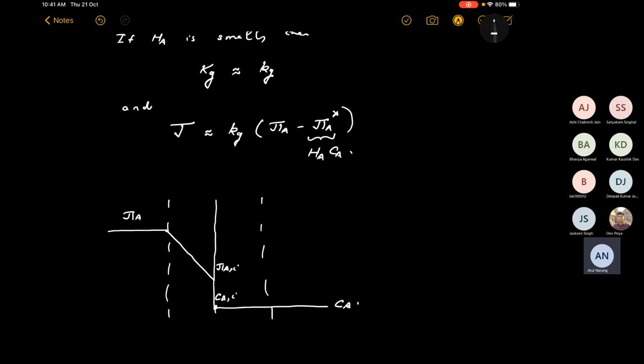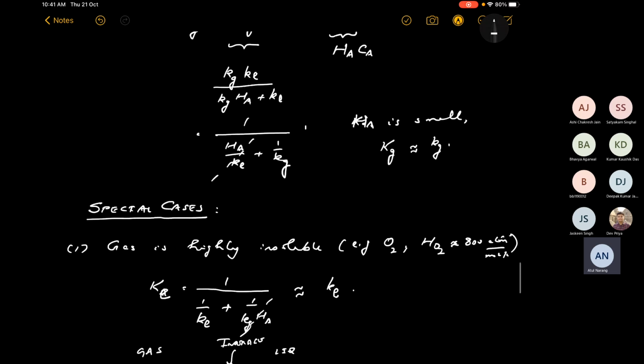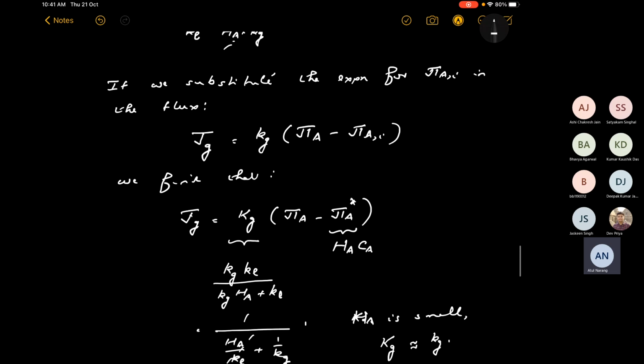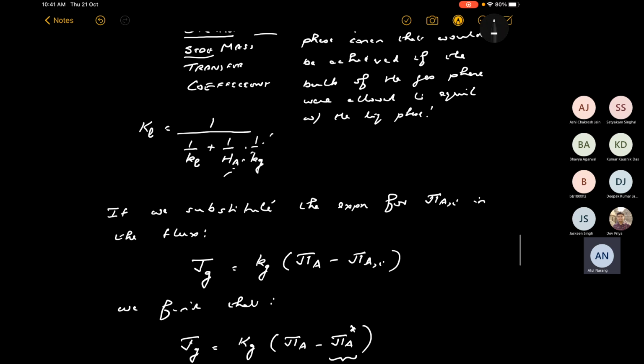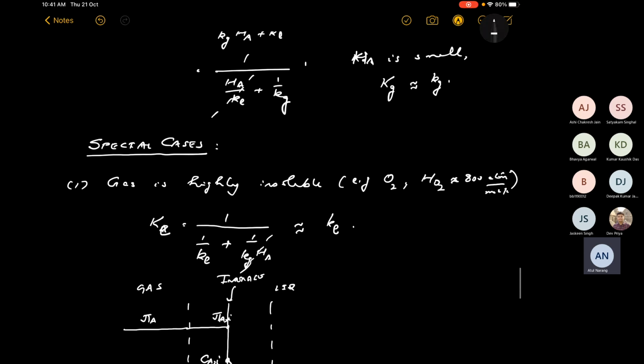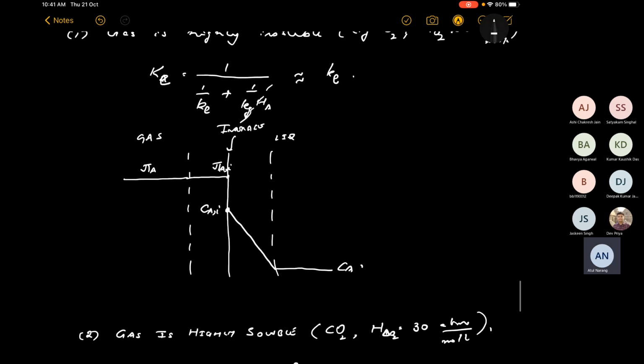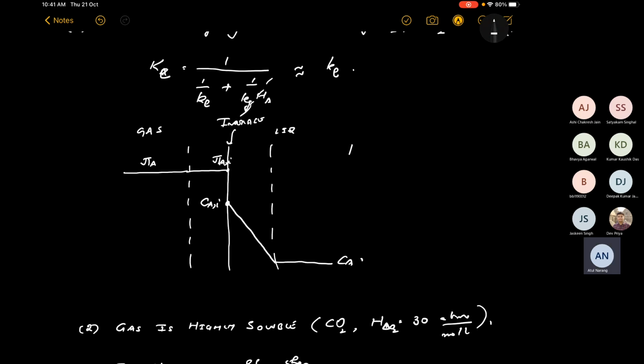Is that part clear? I think that is the main point. If we work with oxygen, which is what we will do going forward, we will always be using this expression: J equals KL multiplied by C A star minus C A, where C A star is pi A divided by HA.